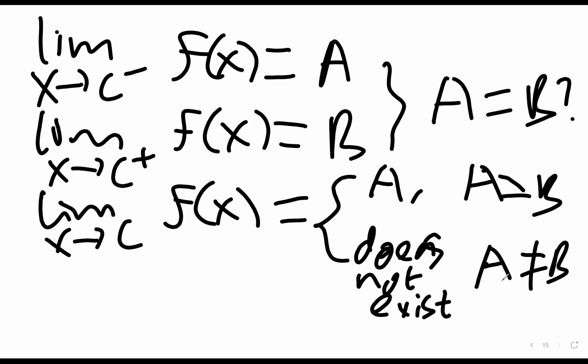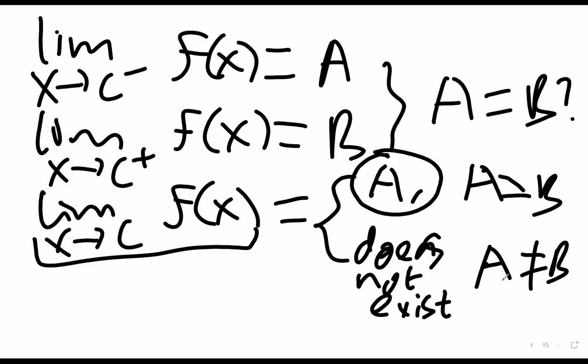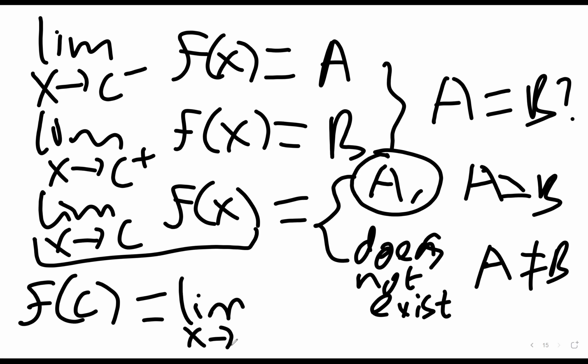Suppose that a equals b, then you have the value of the limit of f there. Then calculate f of c, and check whether f of c equals the limit as x tends to c of f of x. So that's the idea. You have to do these steps carefully and write all of this, then compare.